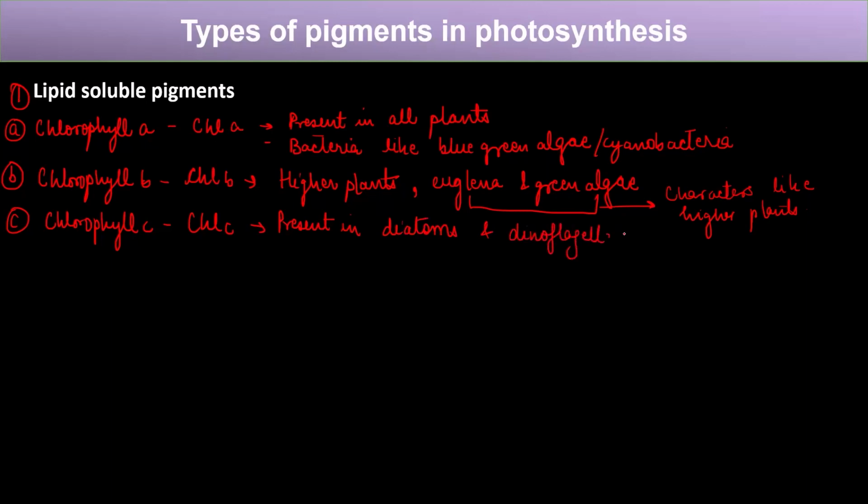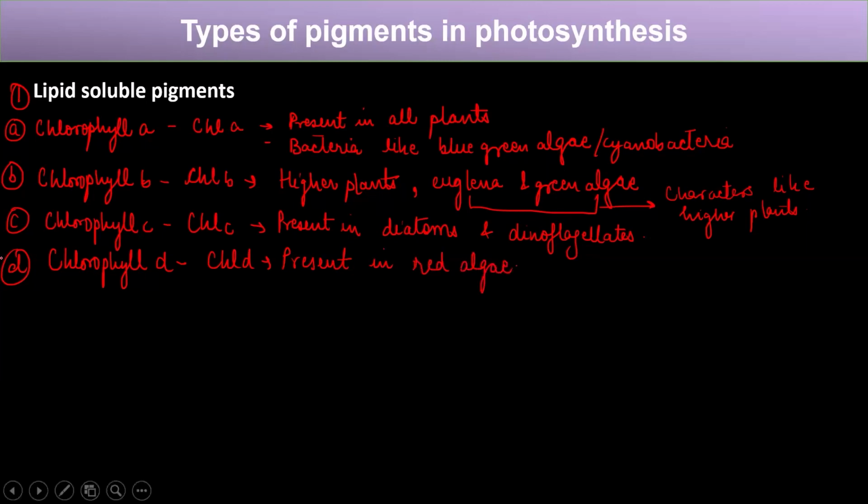Then the fourth is chlorophyll D, represented by CHLD, and it is present in red algae. So we know we have green algae, brown algae, and red algae. Chlorophyll D is present in red algae.